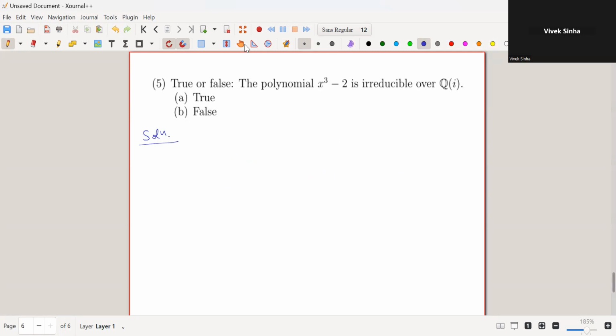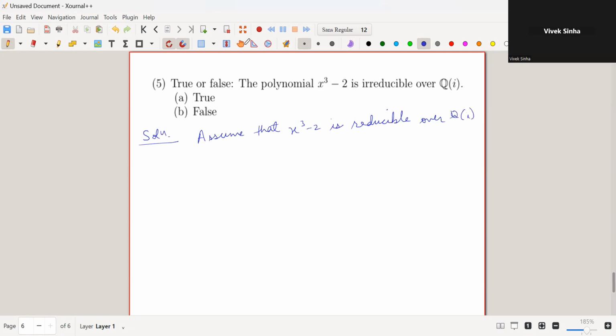So assume that x cube minus 2 is reducible over Q(i).